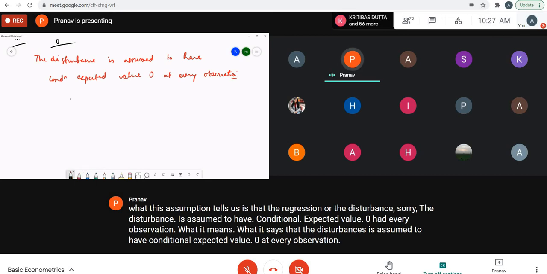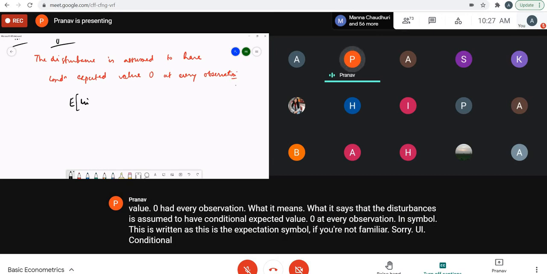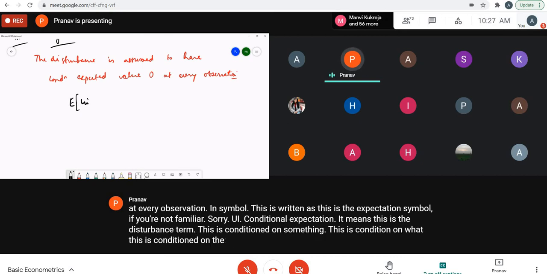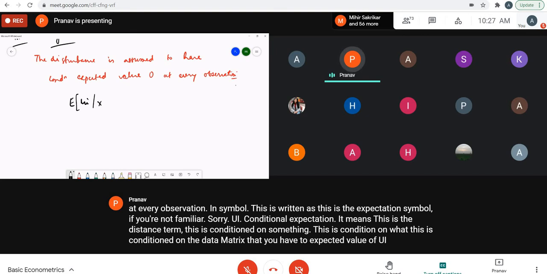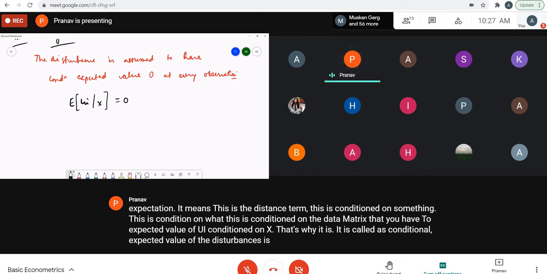In symbols, this is written as E of u_i conditioned on X, where E is the expectation symbol, in case you are not familiar. u_i is the disturbance term, and it is conditioned on the data matrix that you have. The expected value of u_i conditioned on X is 0, and that's why it is called the conditional expected value of the disturbances.